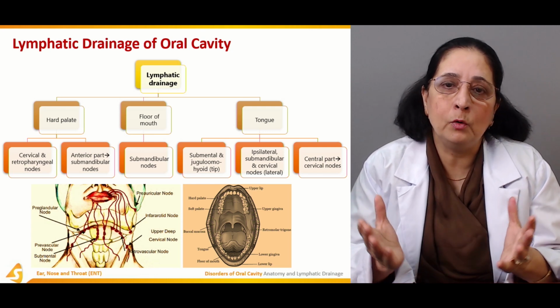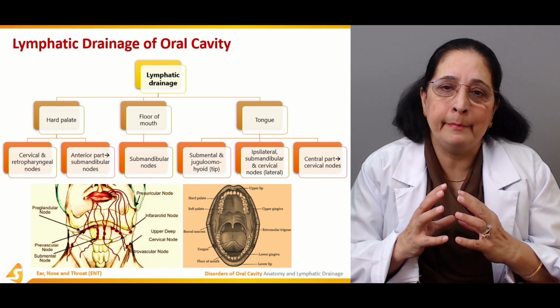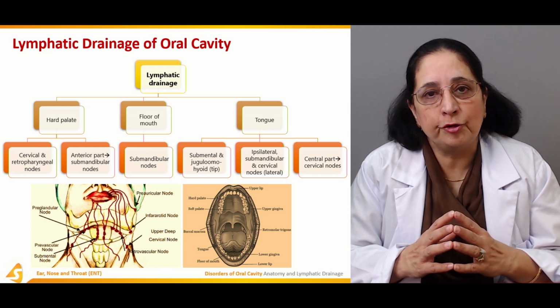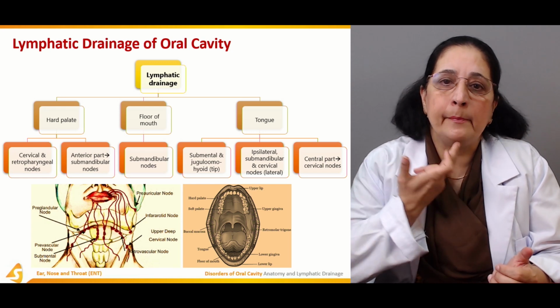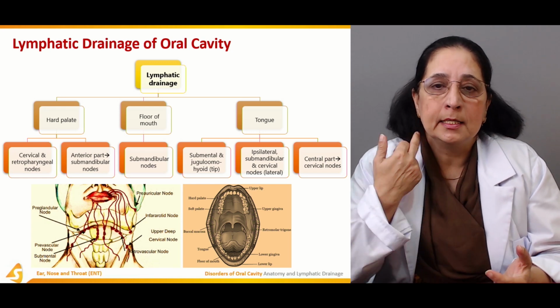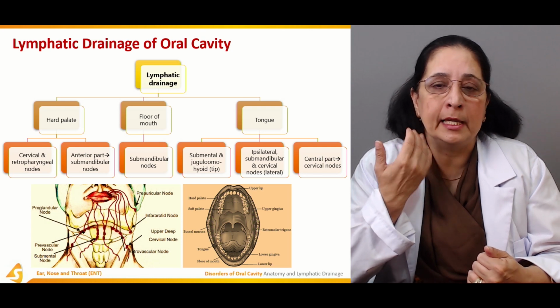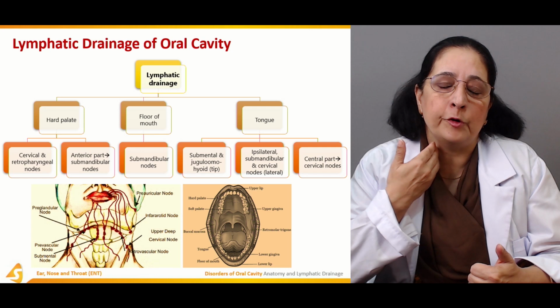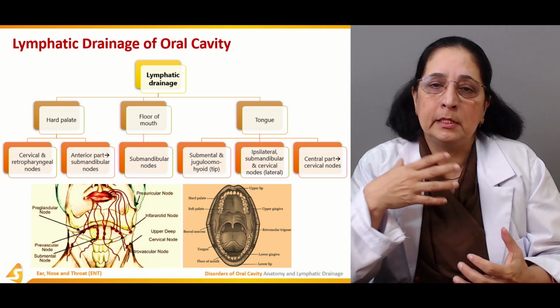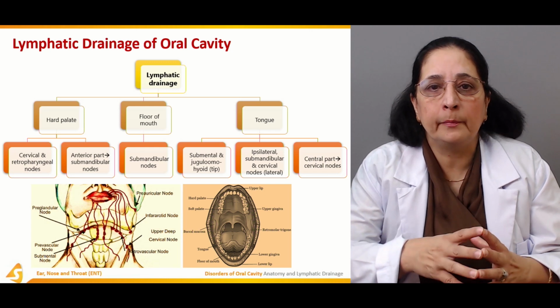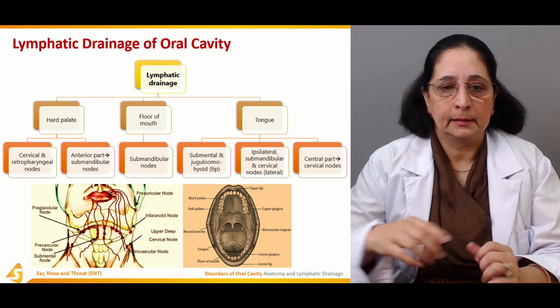And what we found out after all this is that the main lymph nodes where the oral cavity drains are the submental, below the chin, the submandibular, below the mandible, and then the cervical lymph nodes. All these lymph nodes receive the lymphatic drainage from the oral cavity.